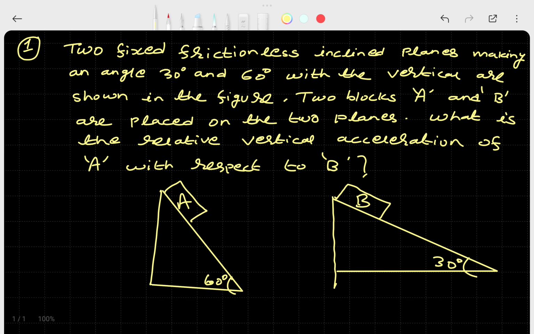Anyway, these two planes are fixed, so most students see that options will be provided. Four options are there.